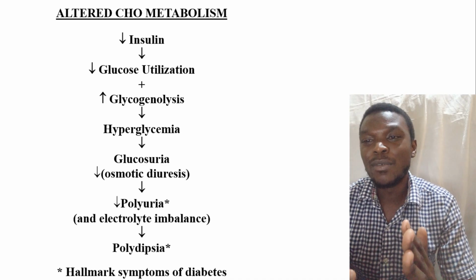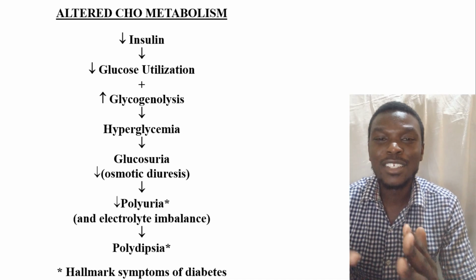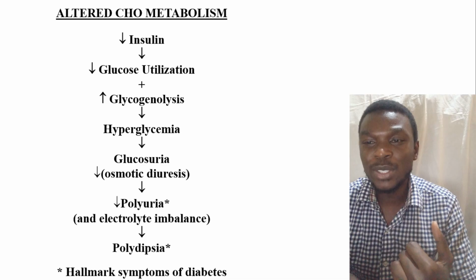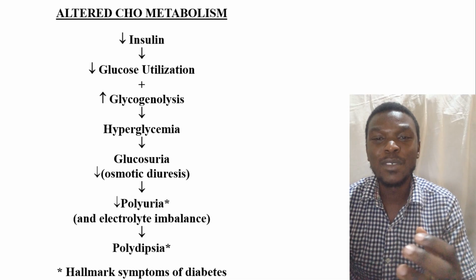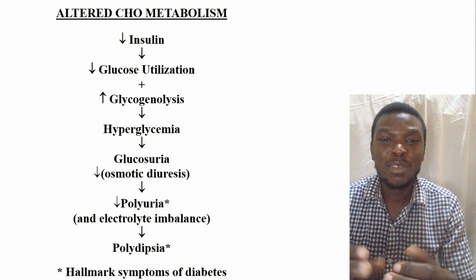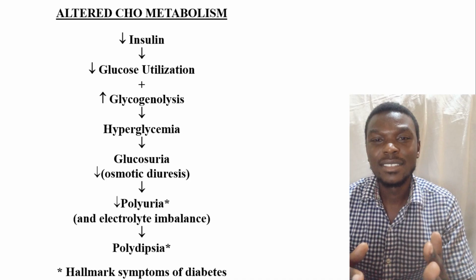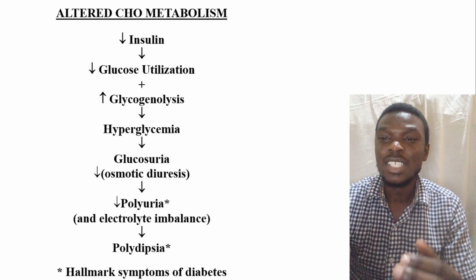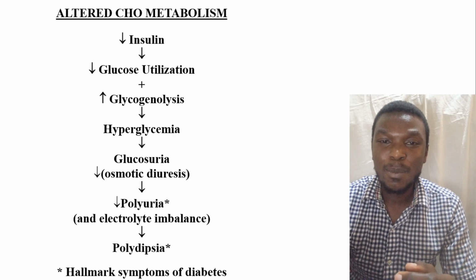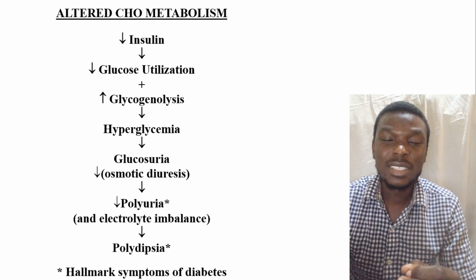The patient will have glucosuria, and then it will cause osmotic diuresis. Because of the glucose, it will attract more water molecules into the urine, so the patient will start having frequent urination. This is where the polyuria in the signs and symptoms comes about.